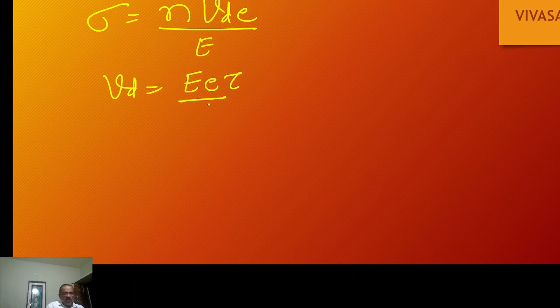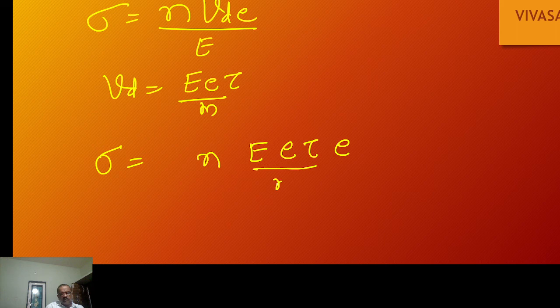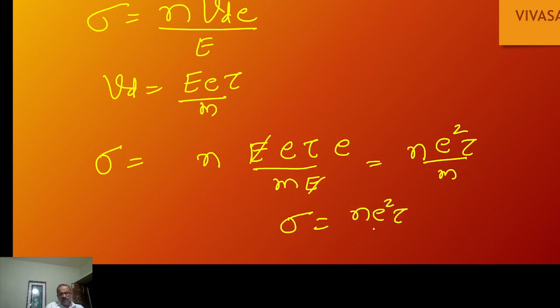Sigma is equal to n v_d e divided by E. We know the drift velocity v_d is equal to e E tau divided by m. Substituting in the above equation, sigma is equal to n e times e E tau upon m E. The E cancels, and this clearly becomes sigma is equal to n e squared tau upon m.